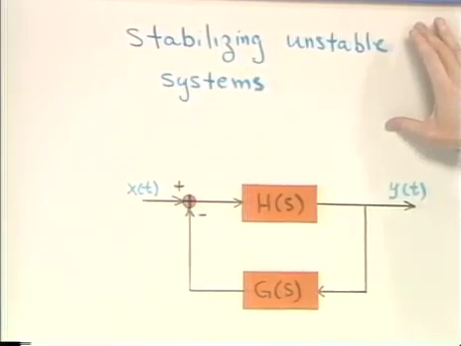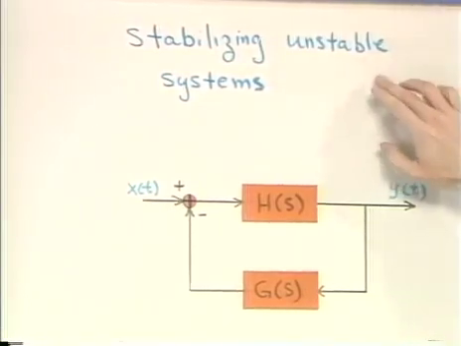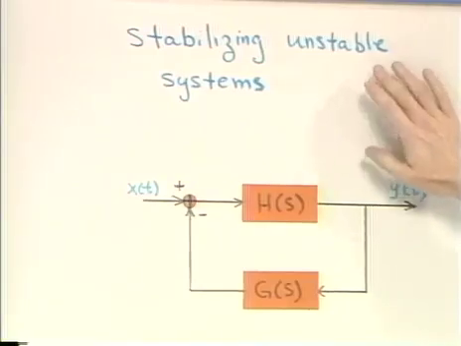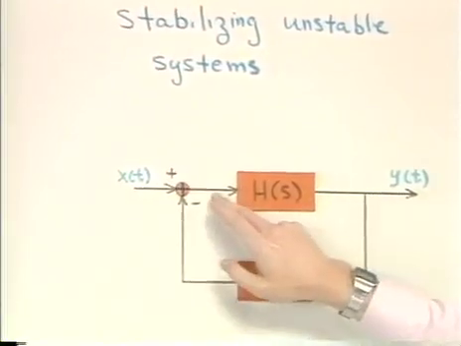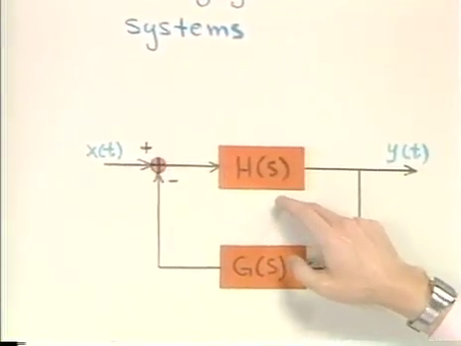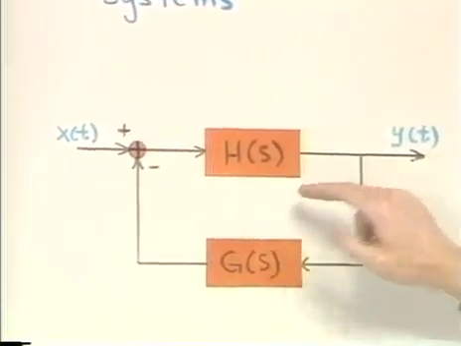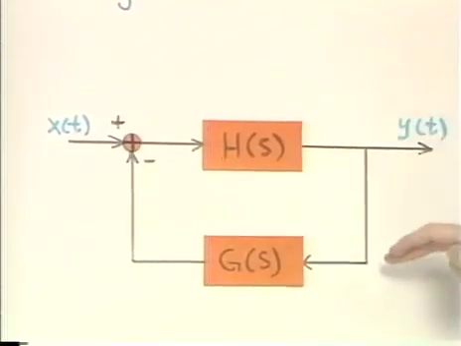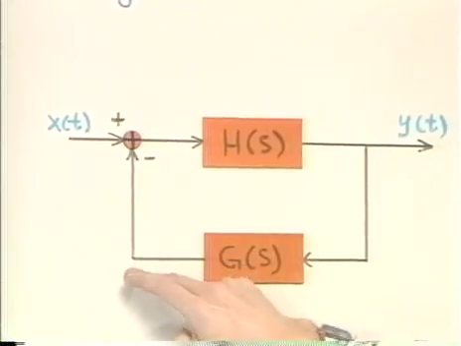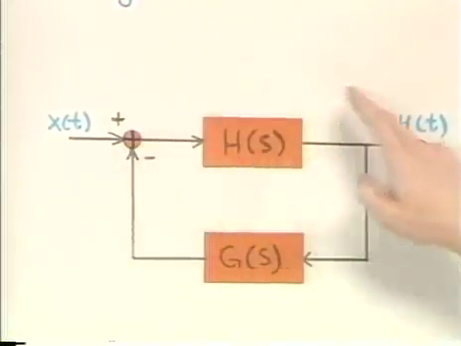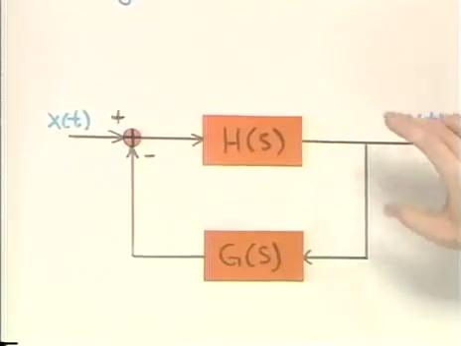And in a situation where we're attempting to stabilize an unstable system, we have now in the forward path a system which is unstable, and in the feedback path we put an appropriate system so that the overall system, in fact, is stable.